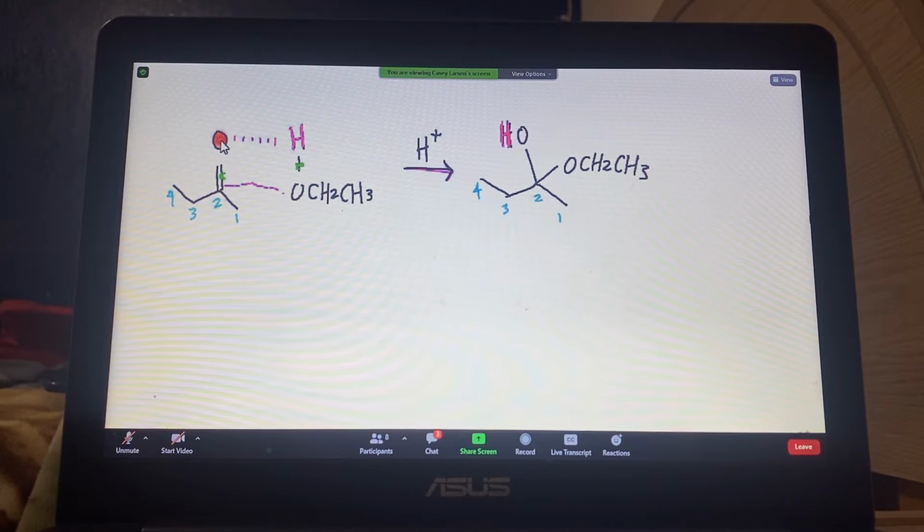I added the H to the oxygen. Mm-hmm, so the H went to the oxygen, and then on the same carbon, on carbon number 2, I put this part. And so now what we have is a hemiacetal.